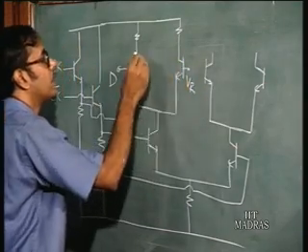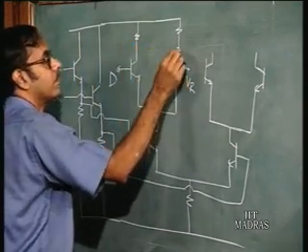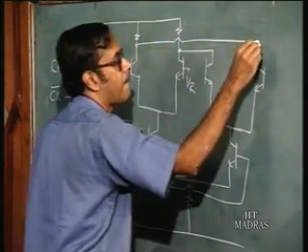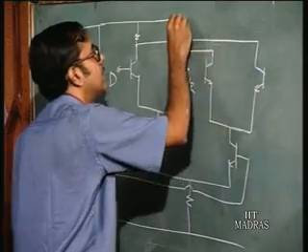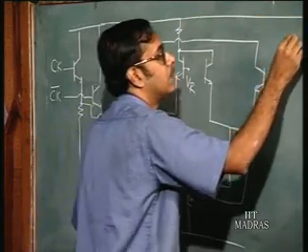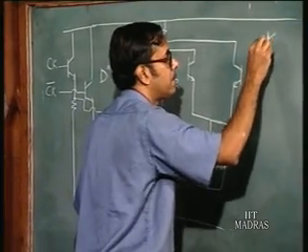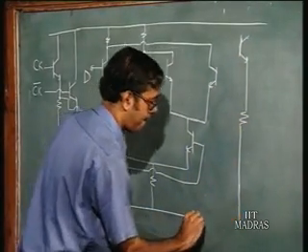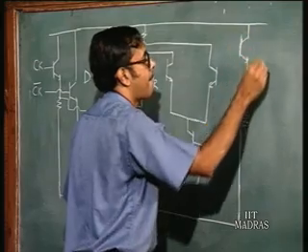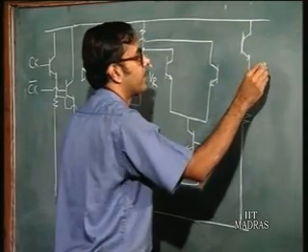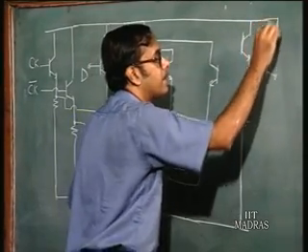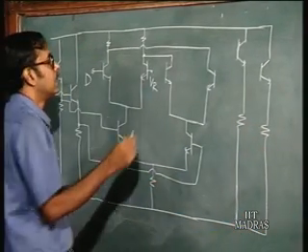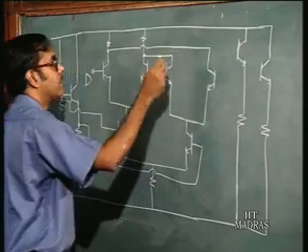Okay. Now, the output must go to level shifters, okay. These are the level shifter transistors. So, this is basically the emitter follower transistors.